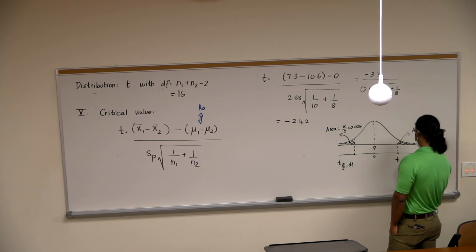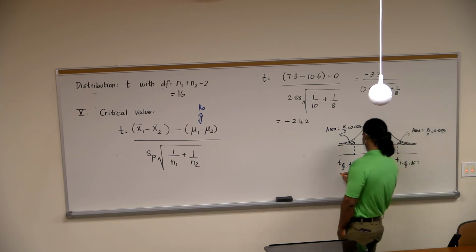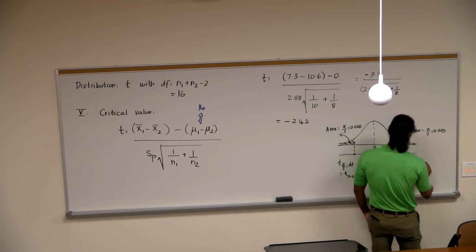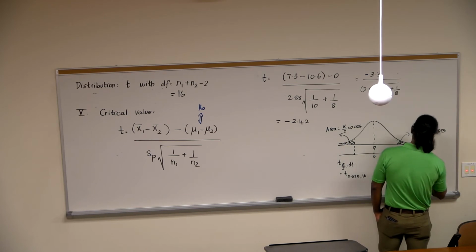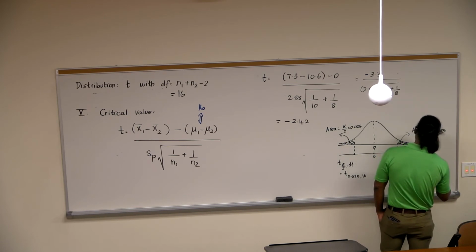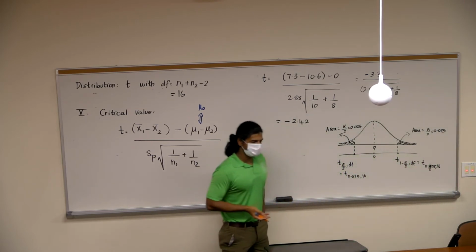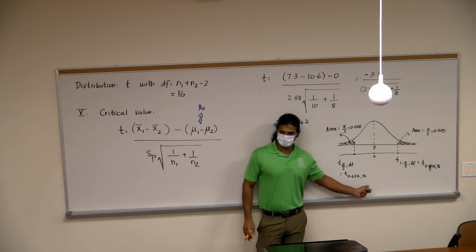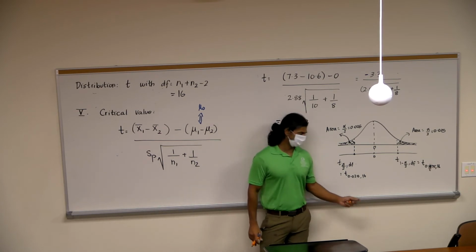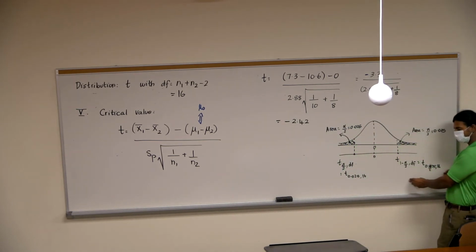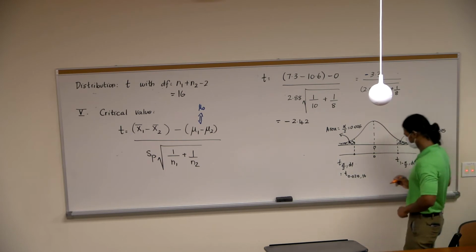Over there it's t sub 1 minus alpha over 2, comma df. If you use inverse t, 0.025, 16, you will get the left critical value. If you want to find the right critical value, you would do inverse t, 0.975, 16.